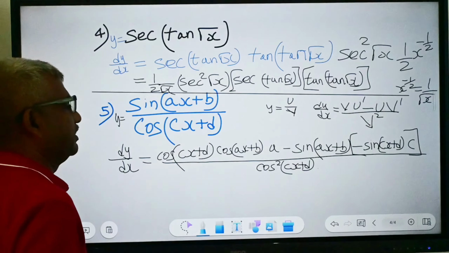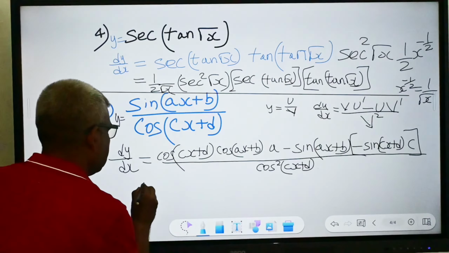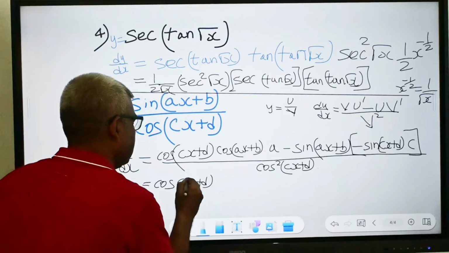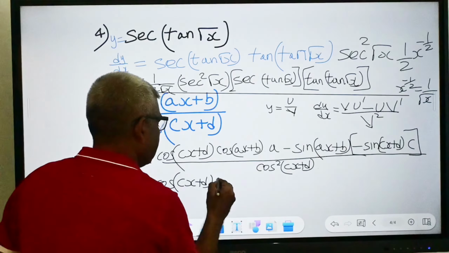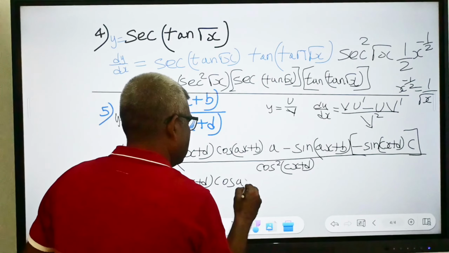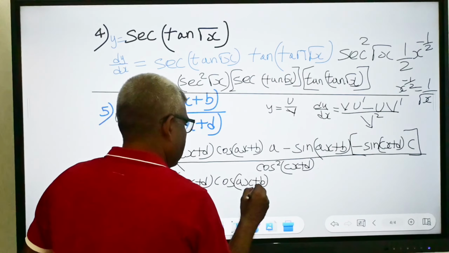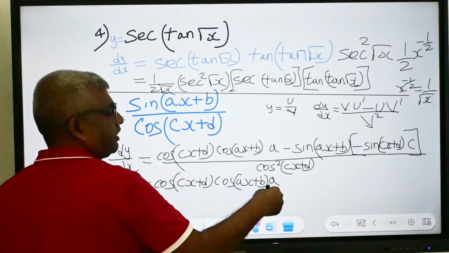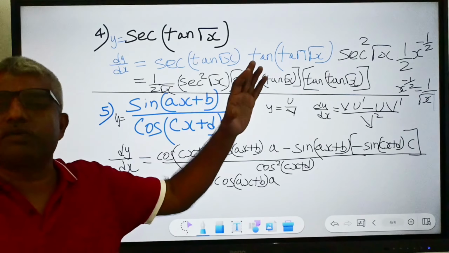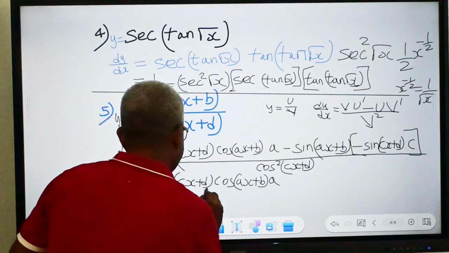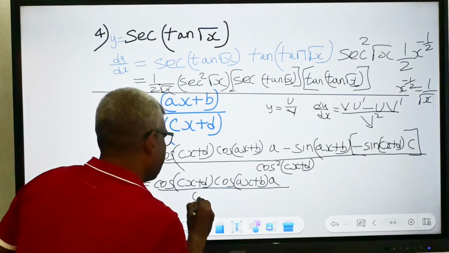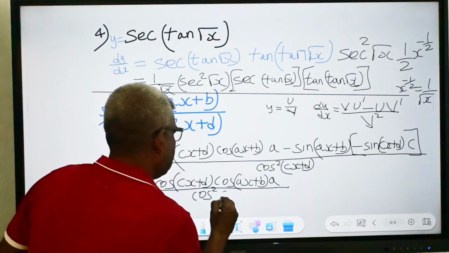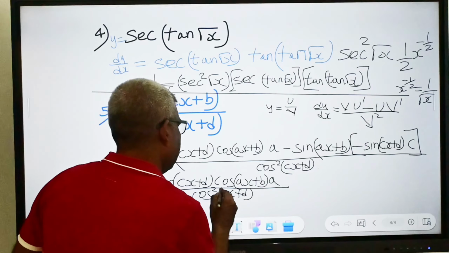Okay. So how to do it? Cos cx plus d, cos ax plus b times a. I am splitting the numerator into two parts, divided by cos squared cx plus d.